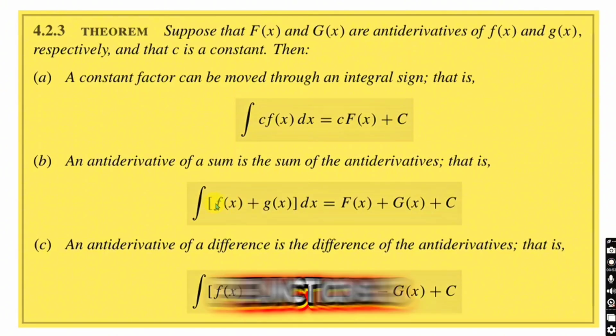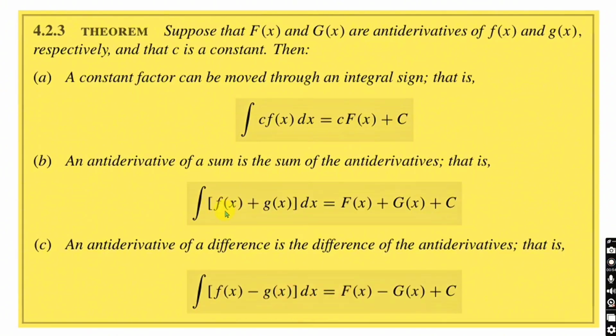the integral of the sum of the two functions f of x plus g of x with respect to x is equal to the first antiderivative, capital F of x, plus the second antiderivative, capital G of x, plus c.